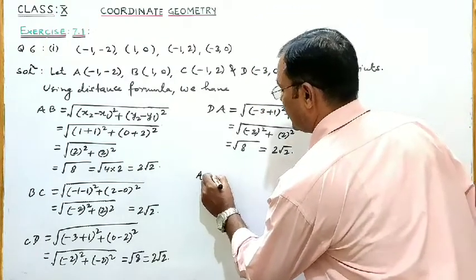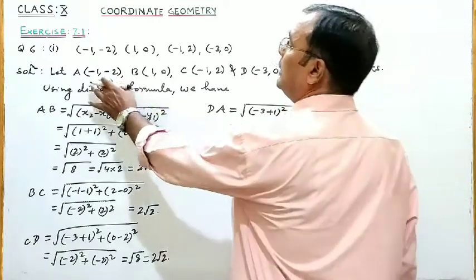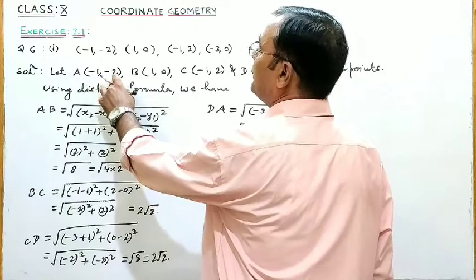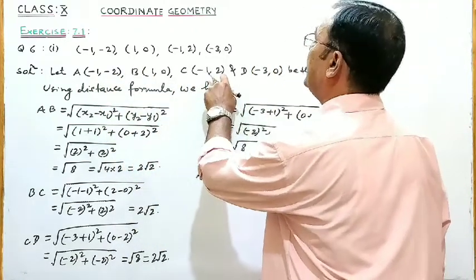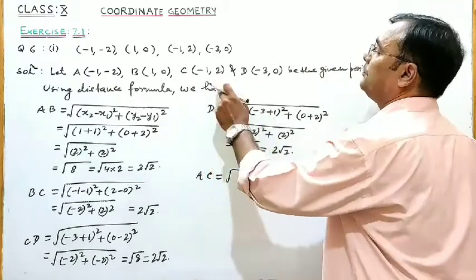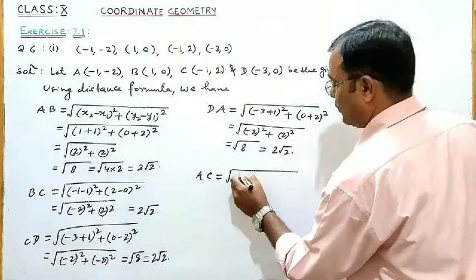So now diagonal AC. x1 y1 coordinates of A minus 1 minus 2 and x2 y2 coordinates of point C minus 1 2. So minus 1 minus minus 1, plus 1.